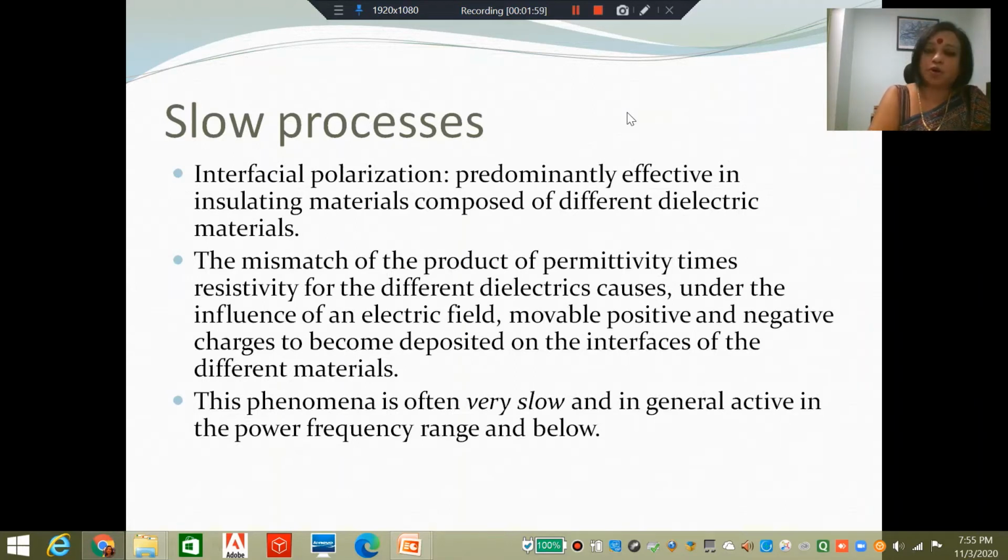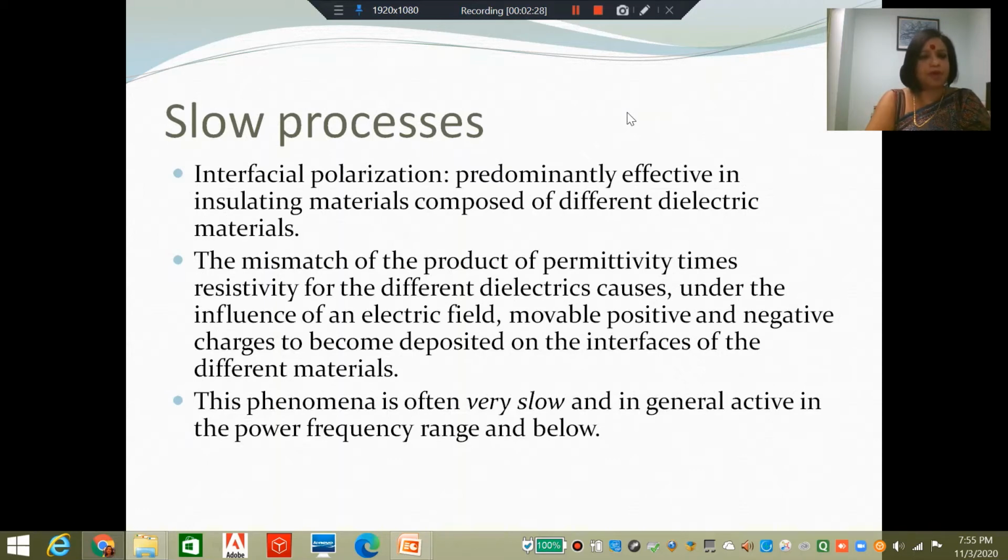So when we talk about P infinity, we are talking about these atomic and electronic polarization processes that happen almost in any material. However, depending upon the material of the dielectric, there are various other processes that will come into the picture. We have already discussed one of these processes, which is not a very slow process, but depends on the material in question, and that is dipolar polarization or orientational polarization.